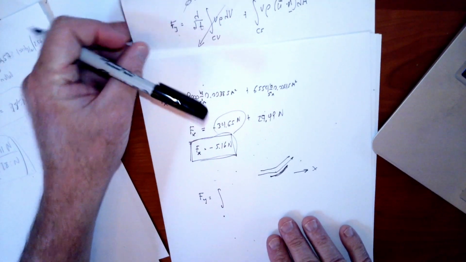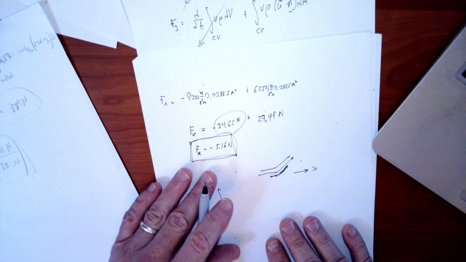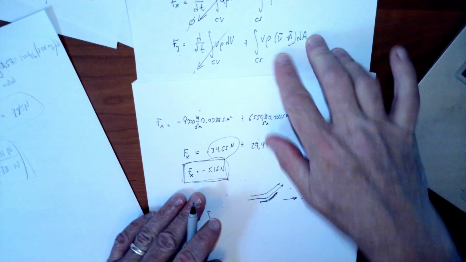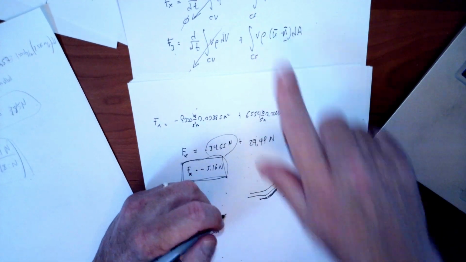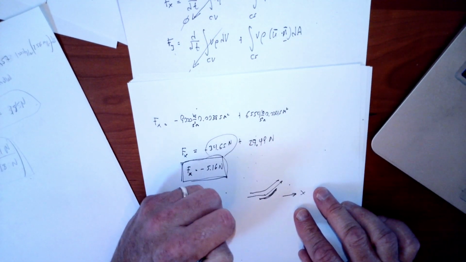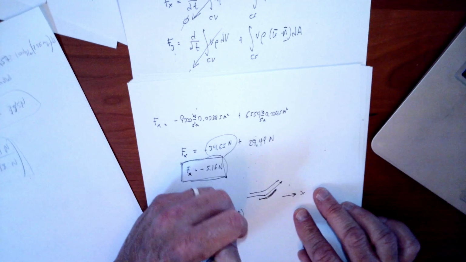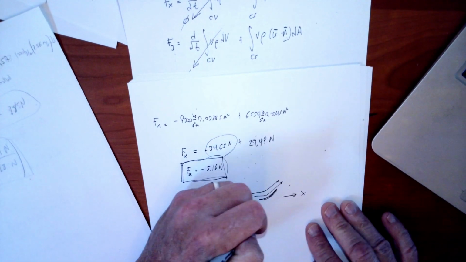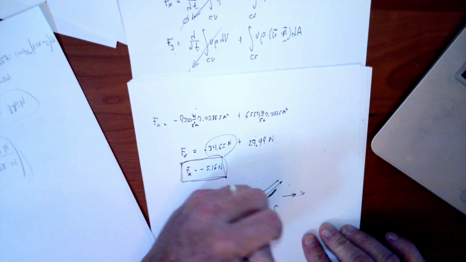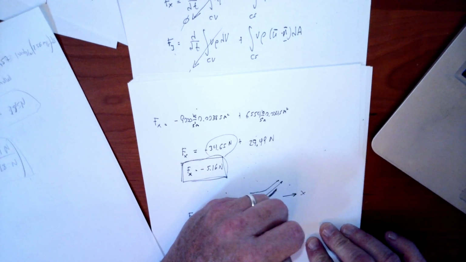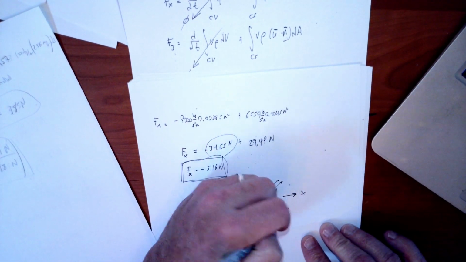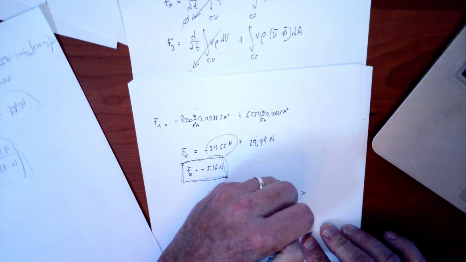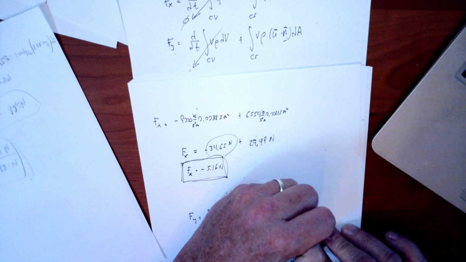So we were doing the same thing, right? We've got the integral over the inlet of V times rho times U dot N dA inlet, and then we've got the outlet, V rho U dot N hat dA outlet.